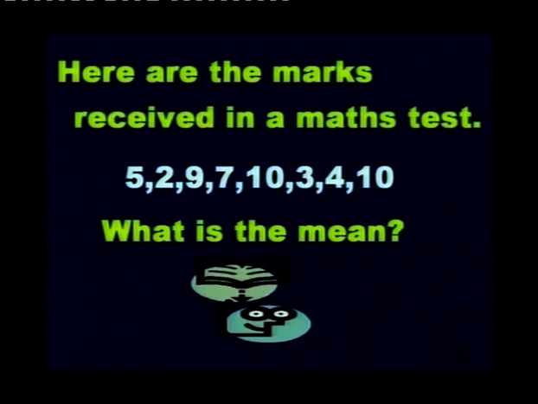Got the answer already? 16.25. What is the total sum of the scores? Sum of the score is 50 and we divided by the number of scores and we got 16.25.